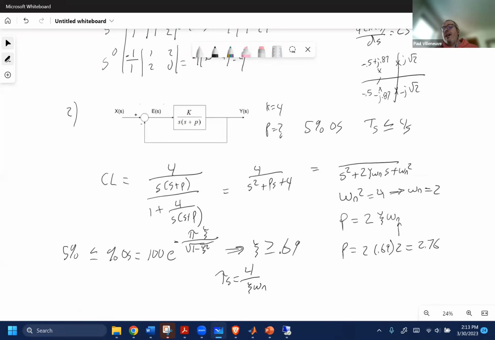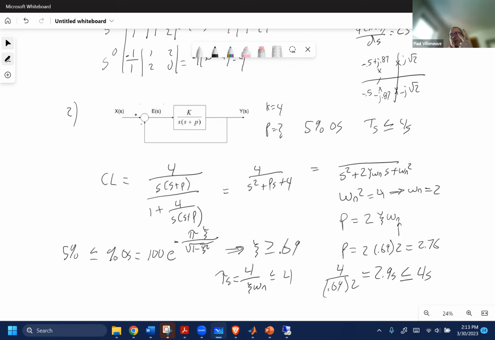So if my first criteria is 5% overshoot, my second one, I have to verify that it's going to be less than or equal to my 4 seconds. So 4 over 0.69 times 2 is equal to 2.9 seconds, which is in fact less than 4 seconds.